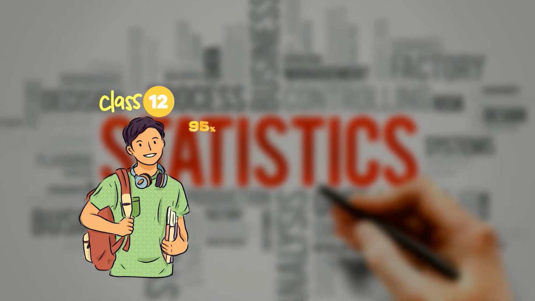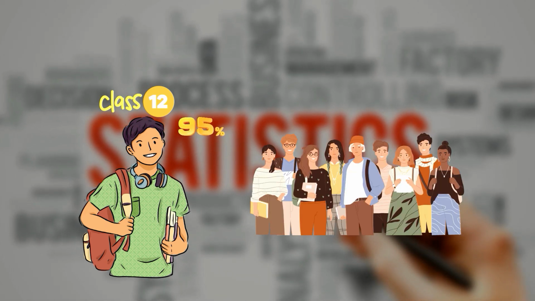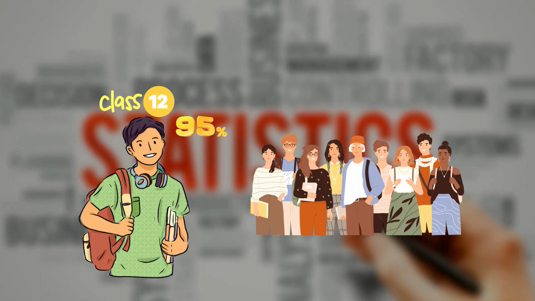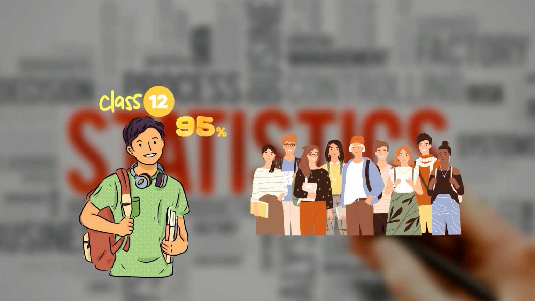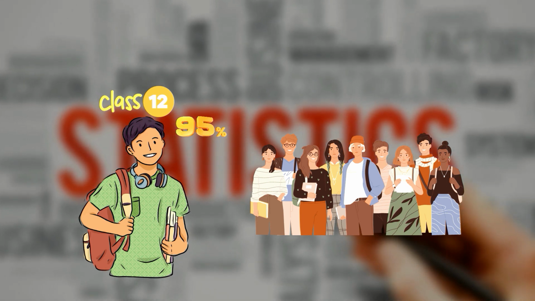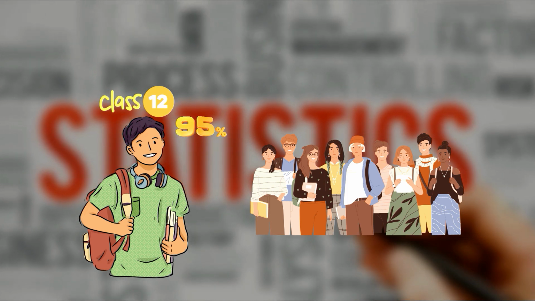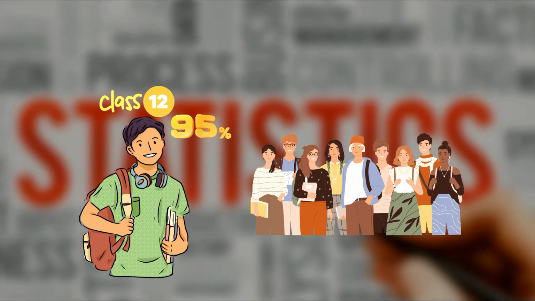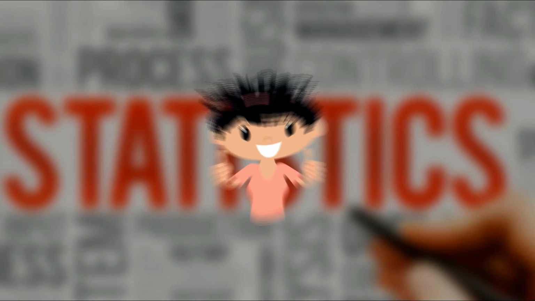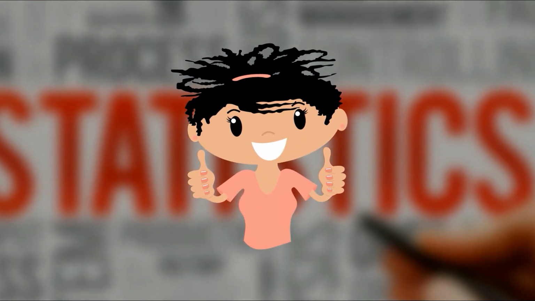Then you can also calculate the midpoint of the performance of your classmates, of all the students who attended the +2 psychology examination, or you can find out the maximum frequency in your classroom performance, or you can say what score has been achieved by the maximum number of students in your class. So all these things can be essential for understanding the data.